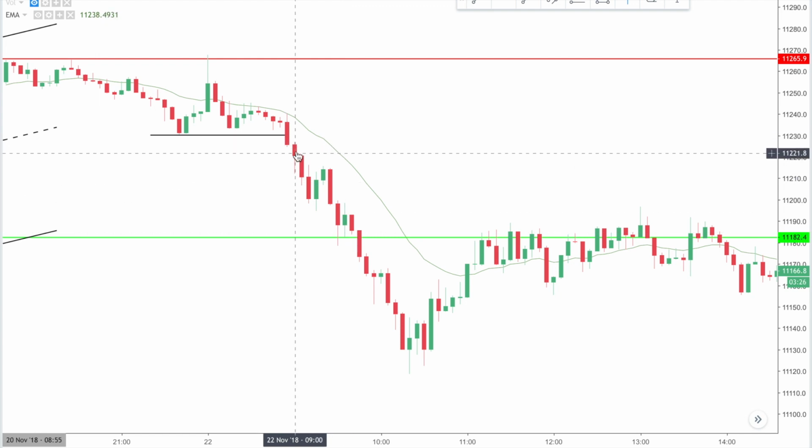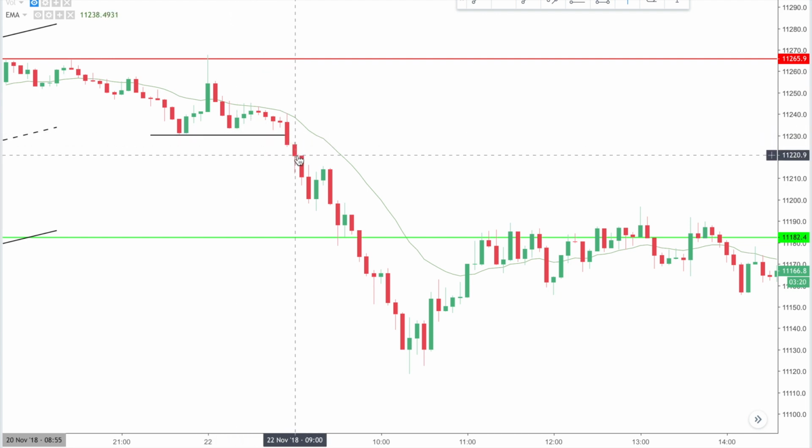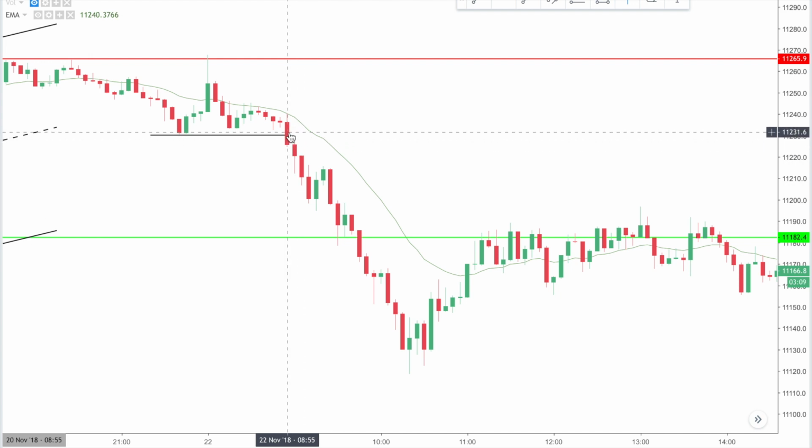Okay, so this is the last pre-market bar, breaking down below this support. First bar of the day, bear bar, closed just above the middle, but didn't really pull back into this prior bar right here.